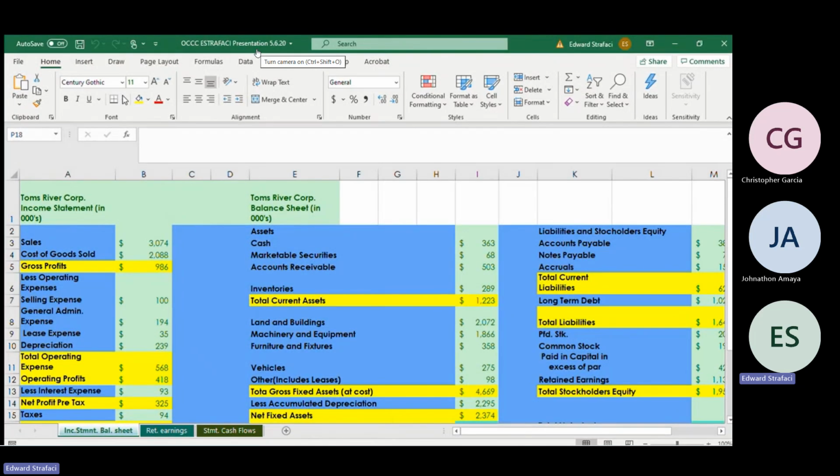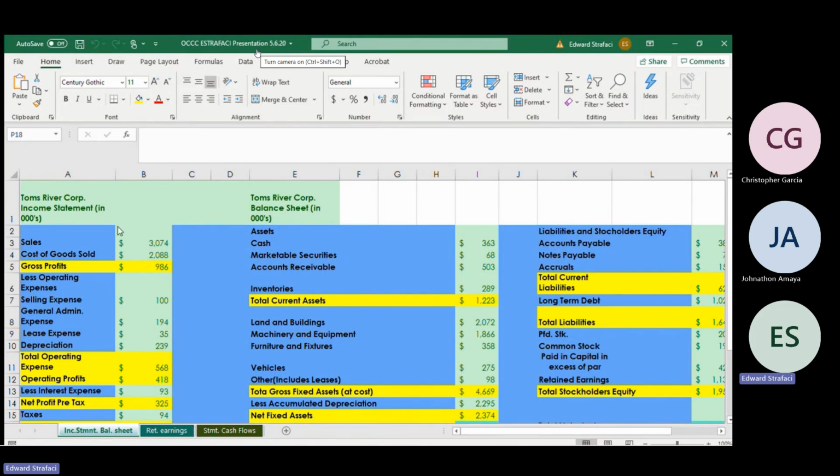As I have degrees in accounting, economics, and finance, and I teach statistics, I try to bring it all together and present it in one format. So I've created this fictional company, Tom's River Corp, and there'll be 3 or 4 parts to this series because I want to start with the income statement. Then we'll do the balance sheet, retained earnings, statement of cash flows, and an overview.